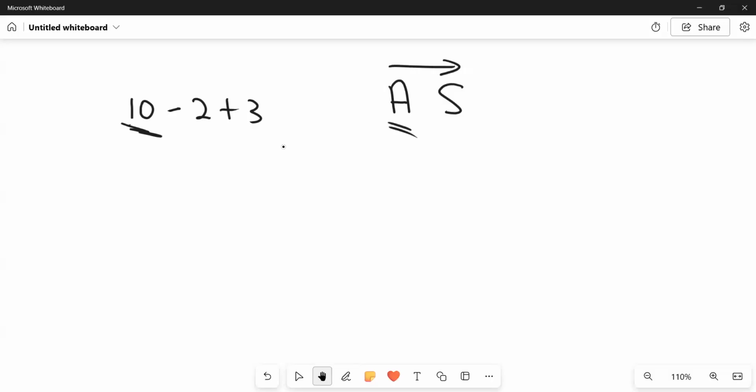That's what the rule says, right? So could you add the negative 2 plus... or you're adding negative 2 and the 3. Okay. But this is a subtraction sign. This is not a negative sign. What will you add first?